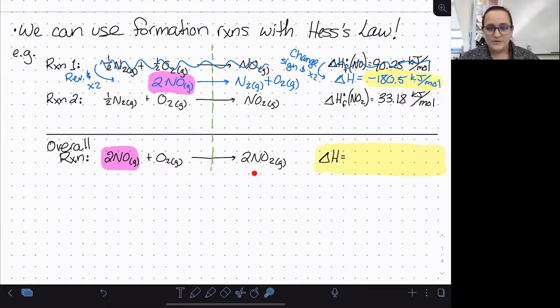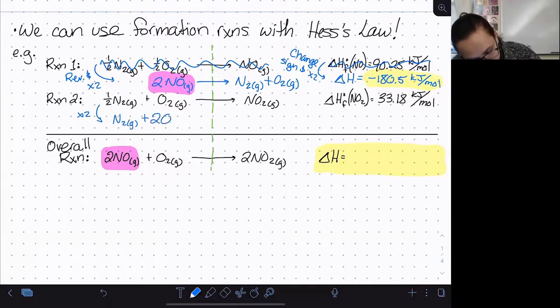If we move on to our next item in our reaction here, we need to end up with 2 NO2 on the right. Currently, we have 1 on the right, so it's in the right place, but we don't have the right number. So all we need to do here is double this. So we don't need this one anymore.